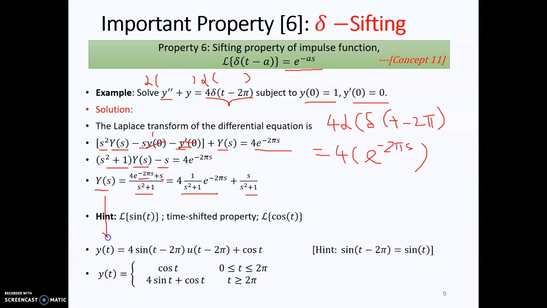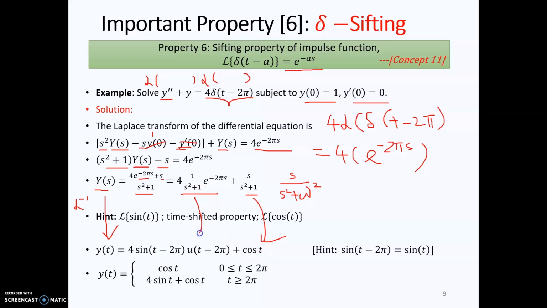To obtain the y(t), you need to perform the inverse Laplace transform. So this term is much easier, where we can have the cos t function, because you have s over s squared plus 1, where in general you'll be in this format. So your omega is equal to 1 in this case. Therefore, you have cos omega t, where your omega is equal to 1.